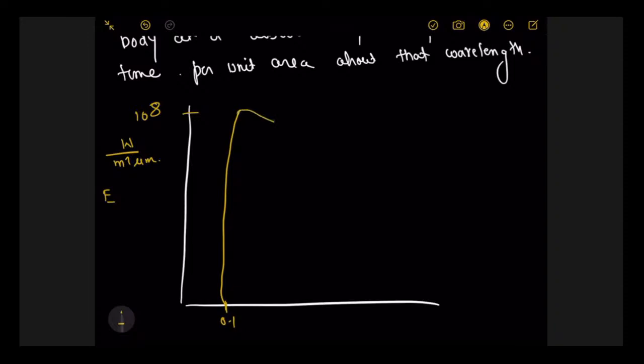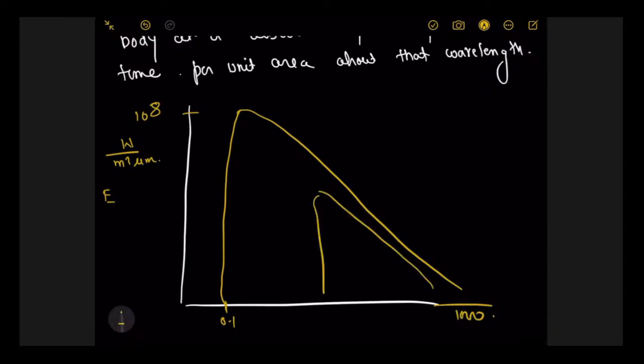Rays which travel a longer distance will have a low amount of energy, approximately 10 to the power minus 2.